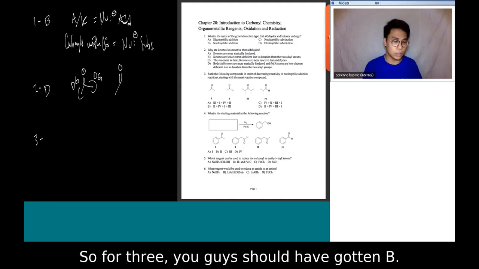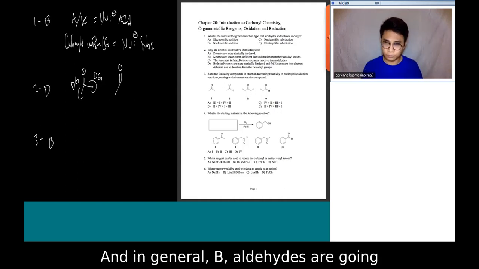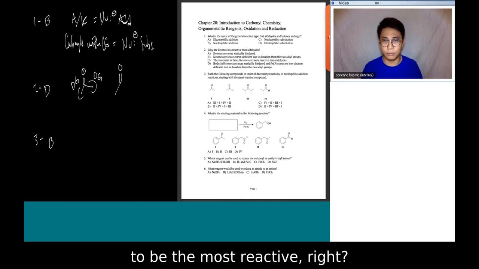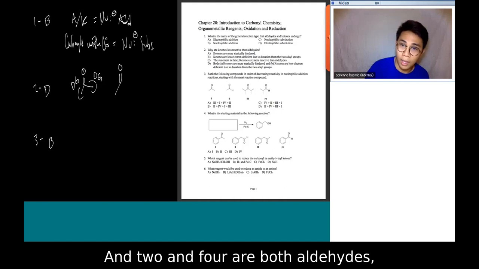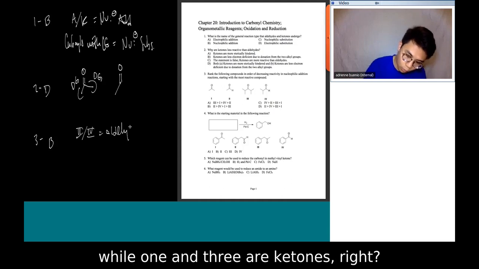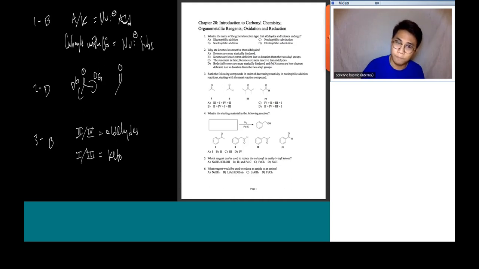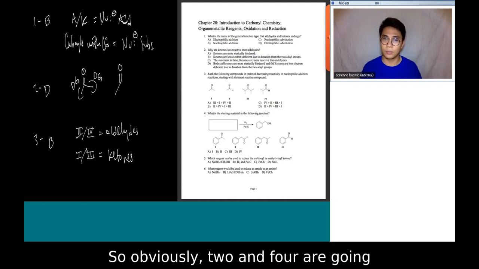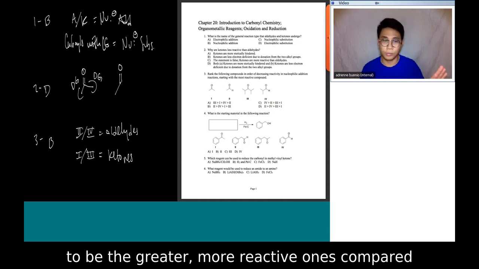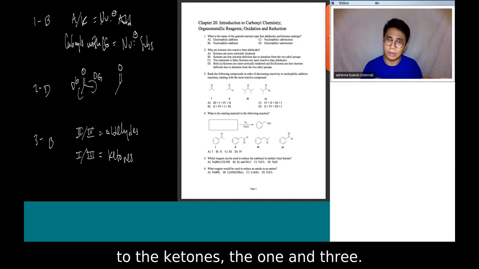For 3, you should have gone B. In general, aldehydes are going to be the most reactive. 2 and 4 are both aldehydes, while 1 and 3 are ketones. So obviously 2 and 4 are going to be more reactive than the ketones, 1 and 3.